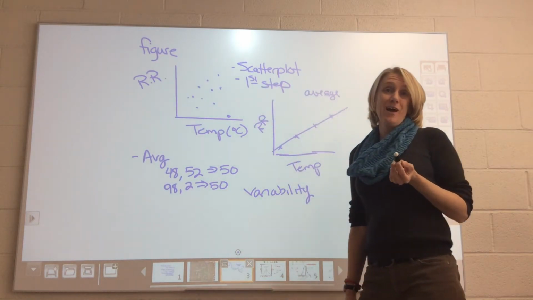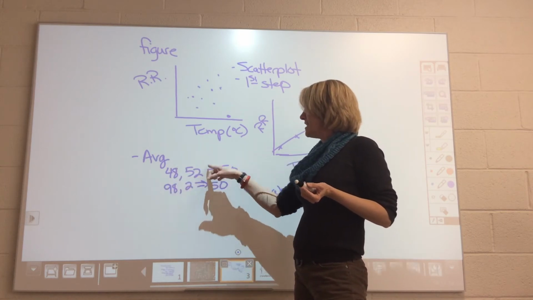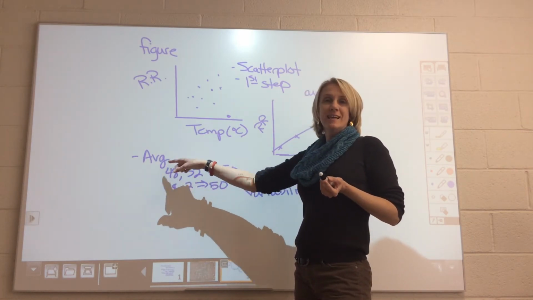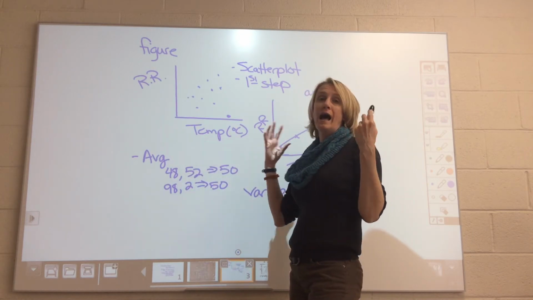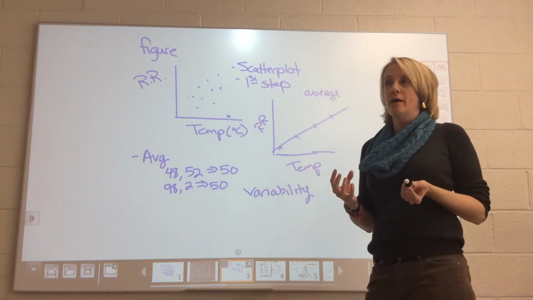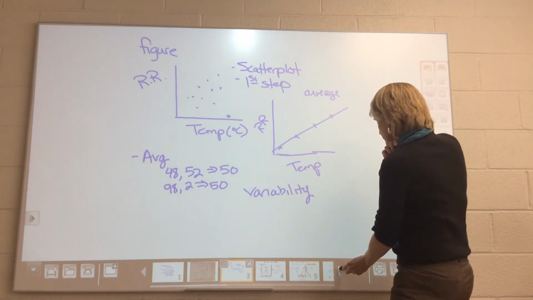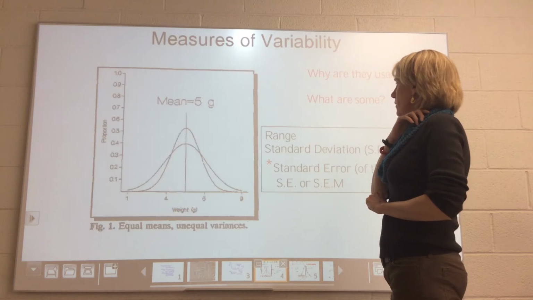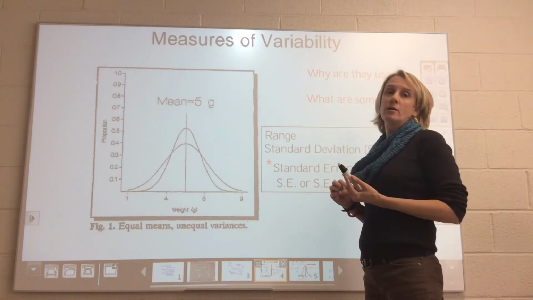You're getting 50 as the average. So just saying the average is 50 doesn't tell you anything about these data sets, and these are quite different. That's a real obvious example of how just giving the average is not giving you enough information.